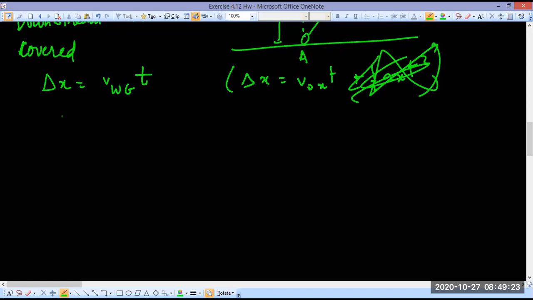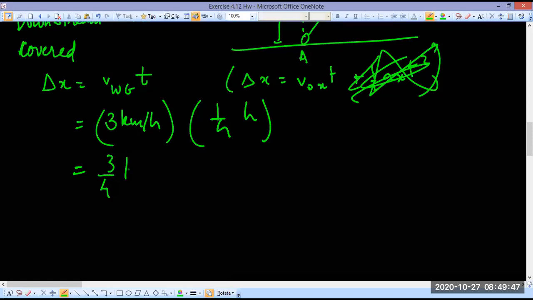We write 1 by 4 because this is in kilometer per hour and this is in hour. So finally this becomes 3 by 4 kilometer. I hope everyone got that, right?